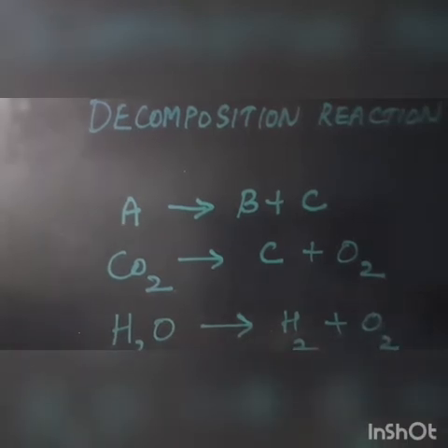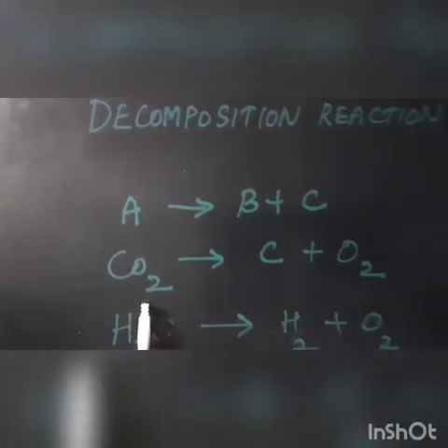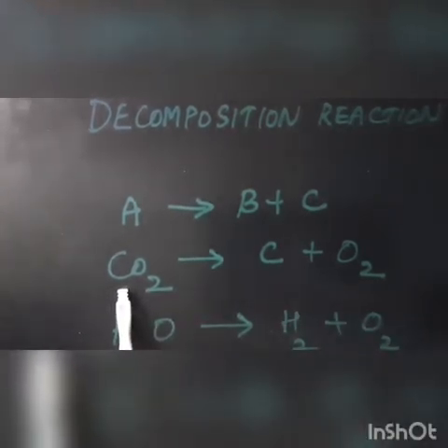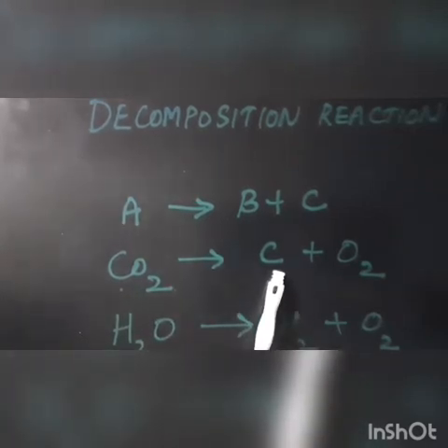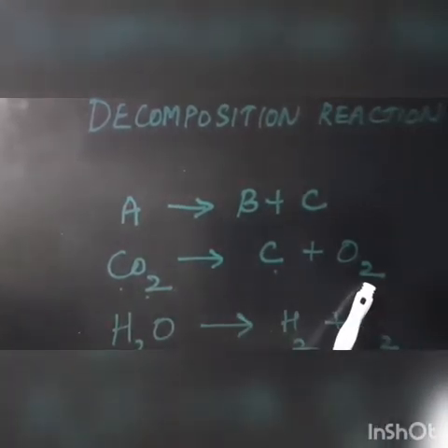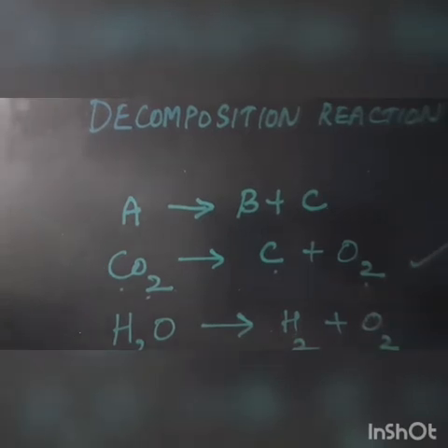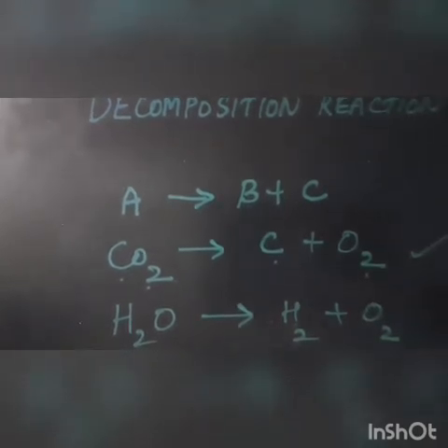These equations are not balanced. If you are balancing it, how will the equation be? Carbon, a single atom, right? Oxygen, two atoms. This is a balanced equation. Water, hydrogen, H2, oxygen 1, here it is 2.